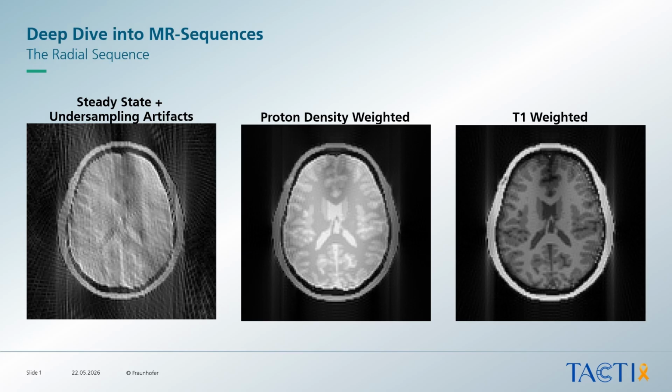Alright, so we've seen how to create different image contrasts using the radial sequence and how to get rid of these undersampling streaking artifacts.